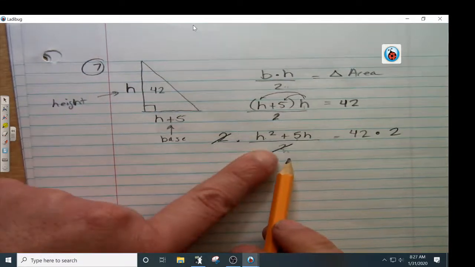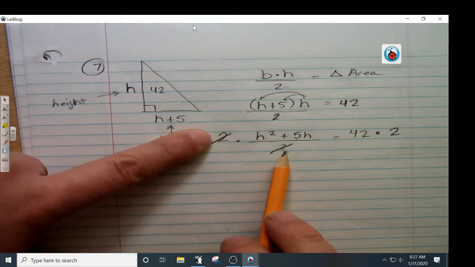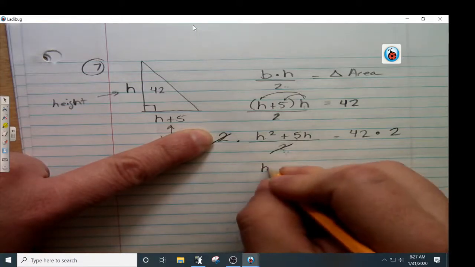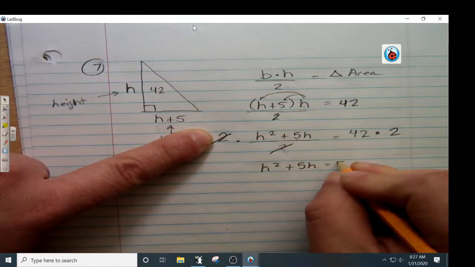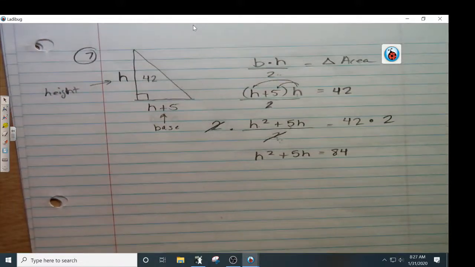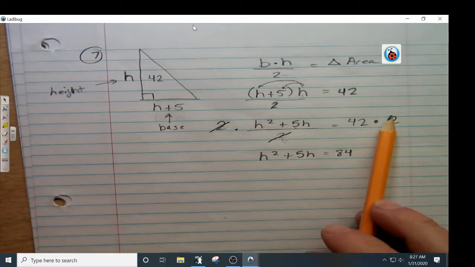Whatever number this is, Jacob, you're going to multiply both sides by that number, and they will always cancel. There will never be a time these don't cancel. Yep. And then you'll just be left with your numerator. All right, so now that's going to be H squared plus 5H equals 84. 42 times 2. Remember when I multiplied on this side? I got to multiply by 2 on this side.